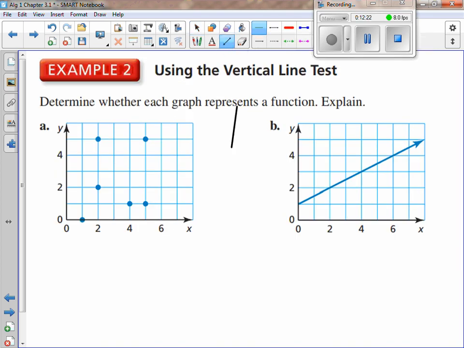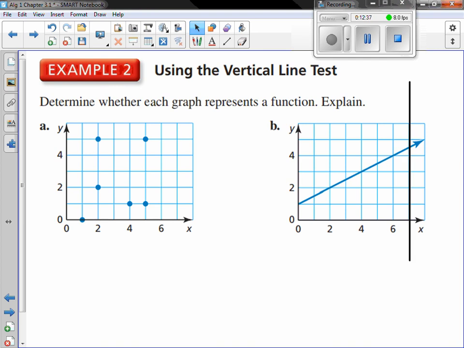So, another vertical line. So B would be yes, because there's nowhere I can draw a vertical line and it crosses more than once, correct? Now A, there it crosses twice, doesn't it? We have 2 points. Here we're fine. Well, hey, it failed again, yes?